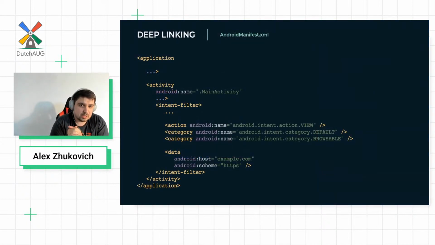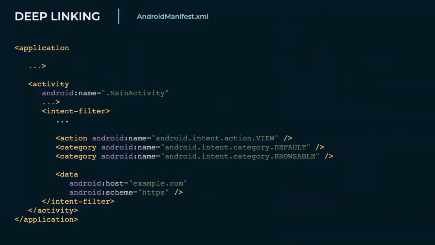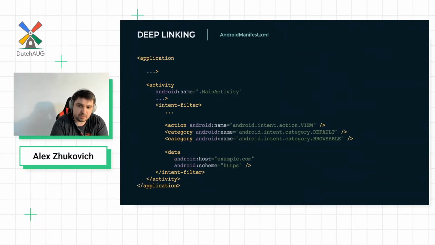Speaking about deep links, it's also possible to provide a way of doing deep linking. The first step is pretty similar to what we have without Jetpack Compose, which is to update the Android manifest of our activity. Here we need to provide action and categories, and also data, which is needed for deep linking.